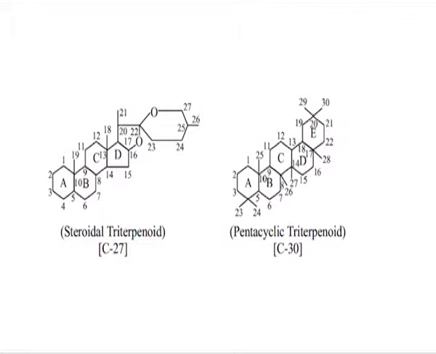Tetracyclic triterpenoids are the steroidal types with C27 carbon atoms, while pentacyclic triterpenoids are triterpenoids with C30 carbon atoms. Interestingly, both these types of compounds may easily combine with sugar moieties at carbon number 3 position to yield the corresponding glycosides.